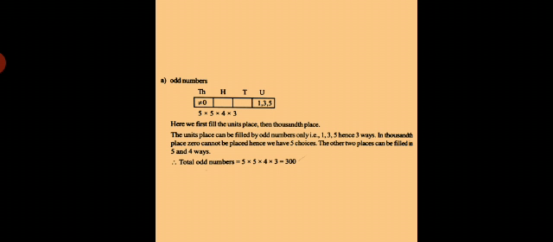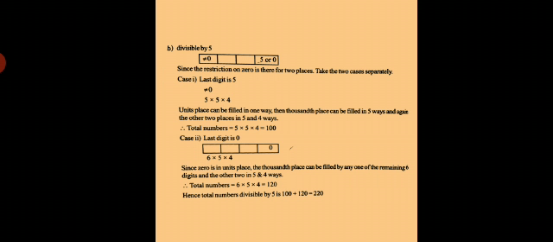The other 2 places can be filled in 5 ways, because in the hundreds place we can put 0, and then 1 less from 5 is 4 ways. Therefore, the total number of odd numbers is 5 into 5 into 4 into 3, which equals 300. Next one is divisible by 5.